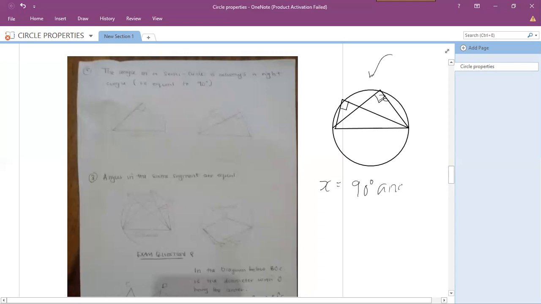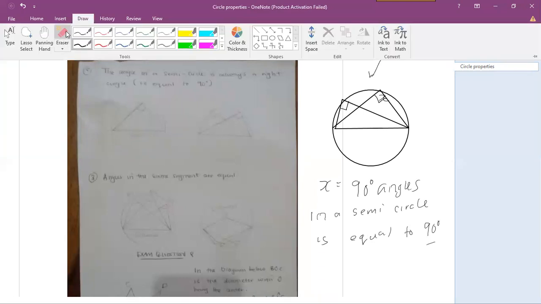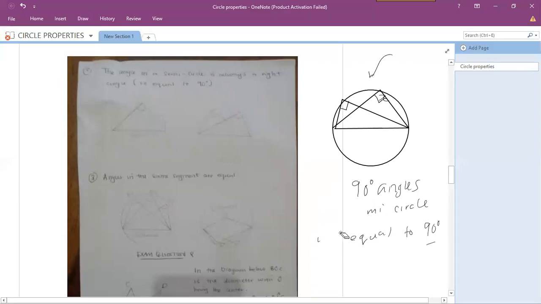Angle in semicircle is equal to 90 degrees. Most of the times, the examiner is going to require you to give a reason why.